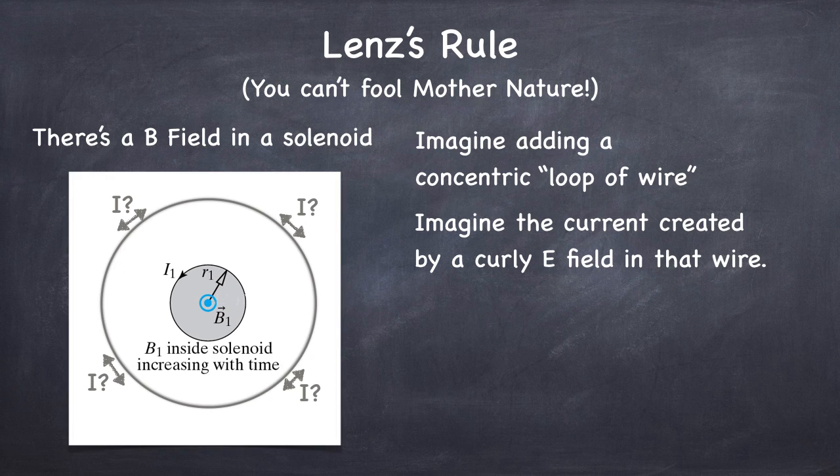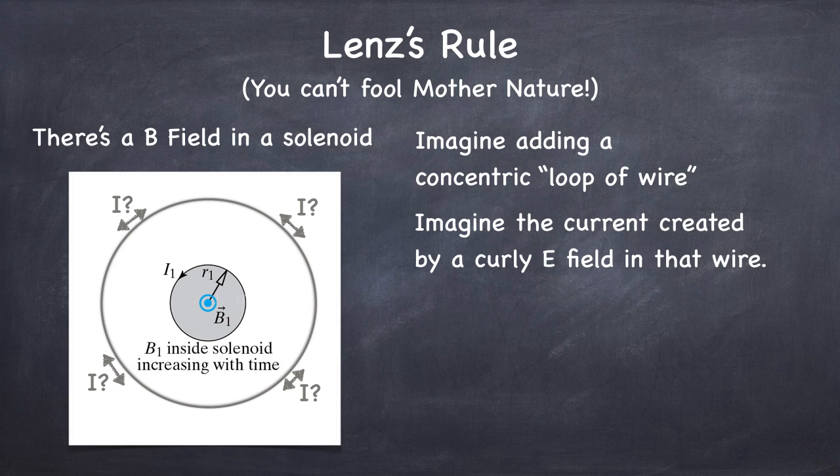Now Lenz's rule says that whatever you're doing to change the flux in the wire, the current that's induced in the wire as a result of that changing flux is going to create a field that opposes that change. So if you increase the field, it's going to produce a field to try to decrease the field. If you decrease the field, it's going to try to produce a field that increases the field. That's the essential idea.